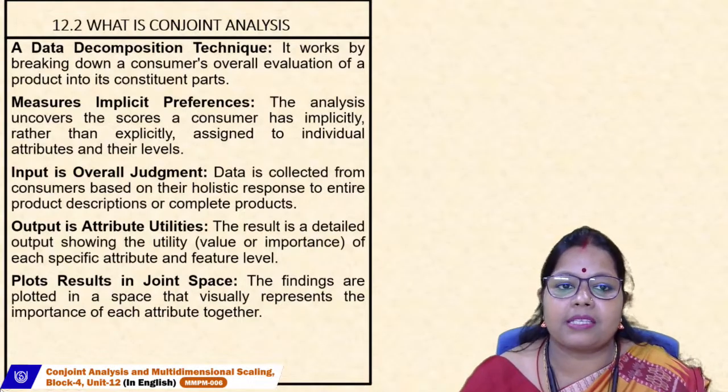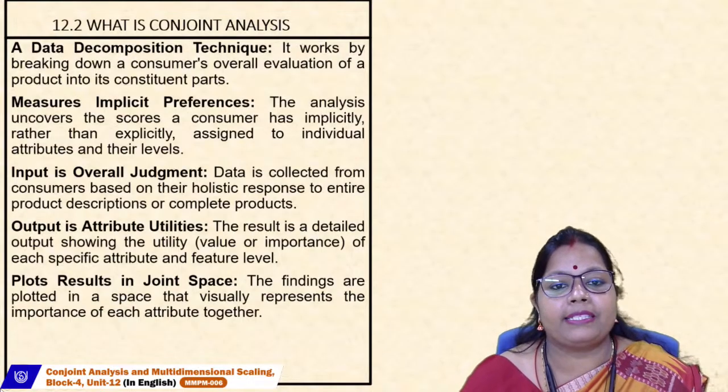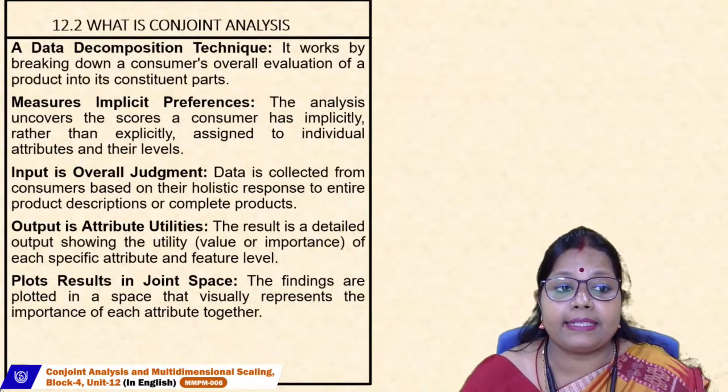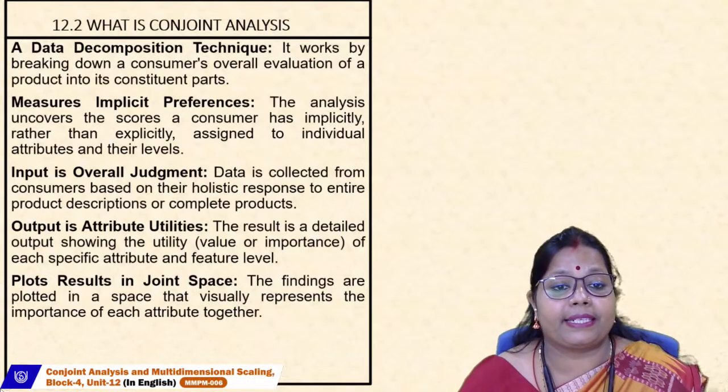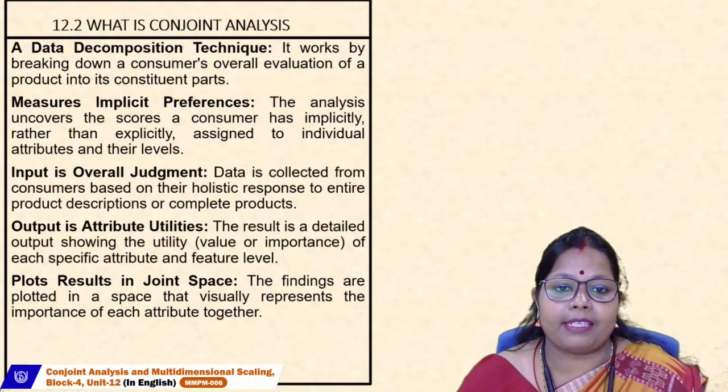It means other parts are also being studied here. And it measures implicit preferences. It uncovers the scores a consumer has implicitly rather than explicitly assigned to individual attributes and their levels.